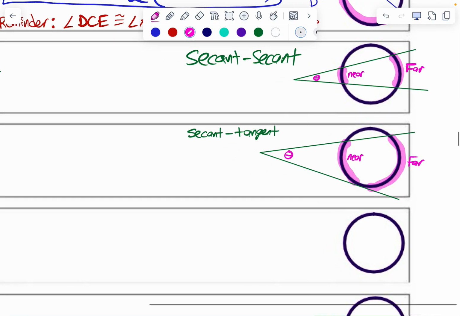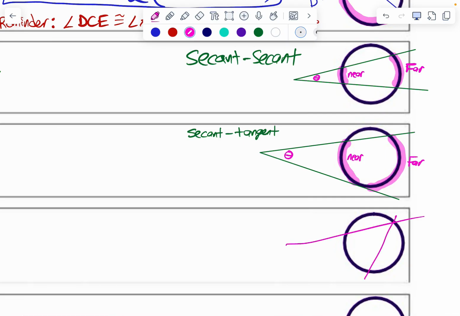Can you guys tell me what else we could do? We did secant, tangent. What's the third one? We did that one. Well, no, we didn't. Secant chord is not the one we're doing.